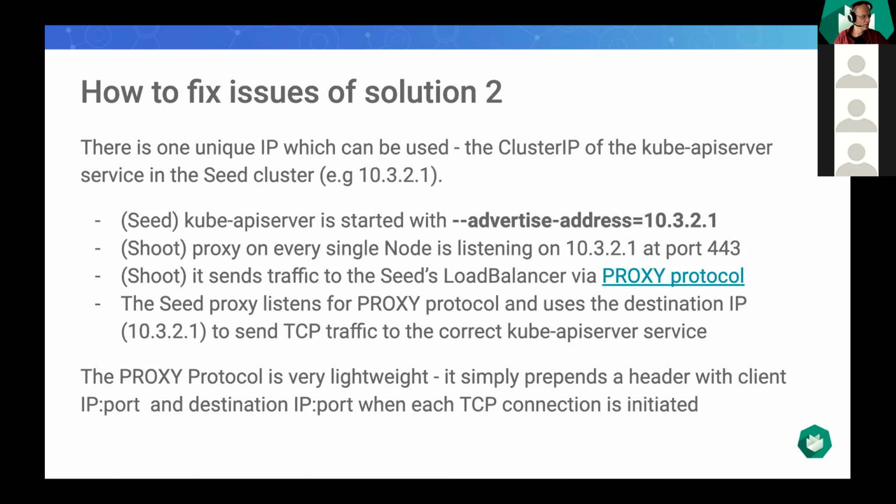So what we do is we start the kube-apiserver with the advertised address pointing to this IP address. Then on every single node inside of the shoot cluster, we create a proxy which listens on this IP address at port 443. And then this proxy sends traffic to the seed load balancer via the proxy protocol.